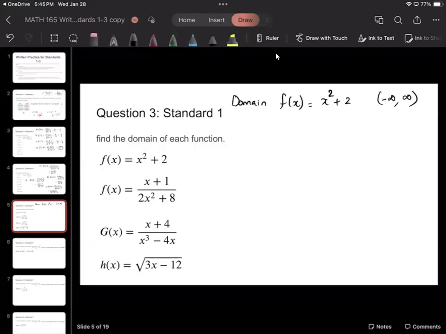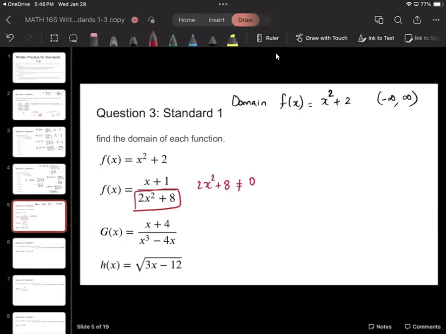Okay, so in the next one, I have a fraction, right? And not only do I have a fraction, I have a variable in the denominator. So whenever you have a variable in the denominator, you have to make sure that 2x squared plus 8 is never equal to 0.